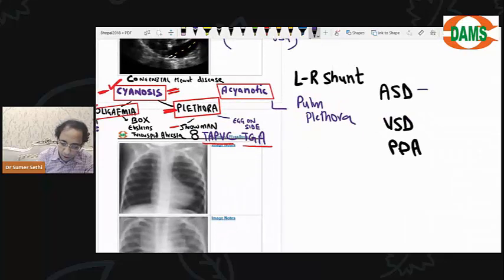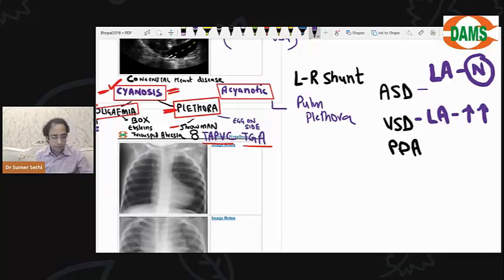Now remember, if on echo they say left atrium is normal, go for ASD. If they say left atrium is enlarged, go for VSD. This is the differentiating feature on echo.